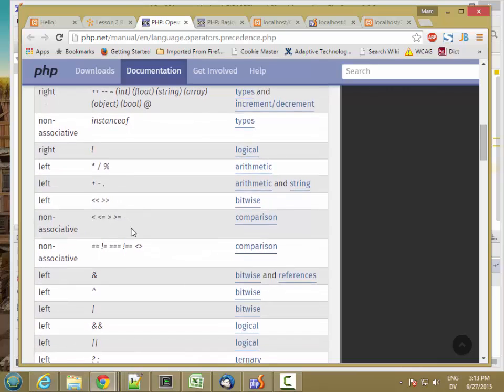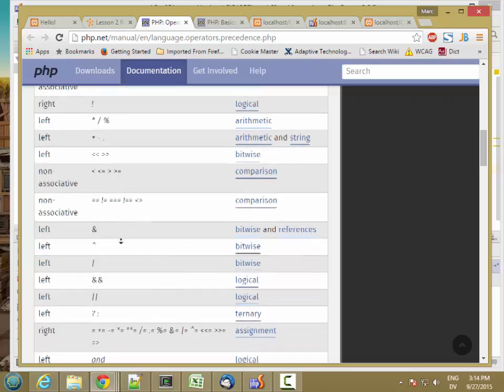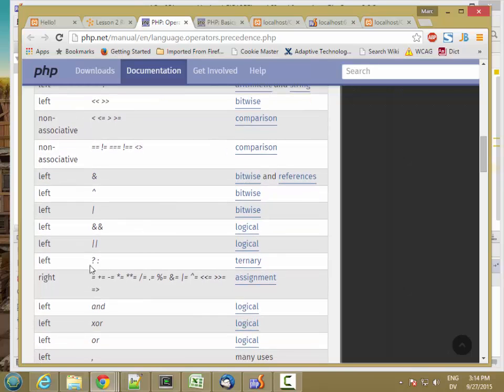There's some bitwise operators, left shift and right shift, which we won't be spending a lot of time with. Comparison operators, which we'll talk about next week. Other comparison operators, equality, not equal, we'll talk about those next week as well. Some more bitwise operators, logical and, which we'll talk about next week. The so-called ternary operator, which we'll talk about next week.